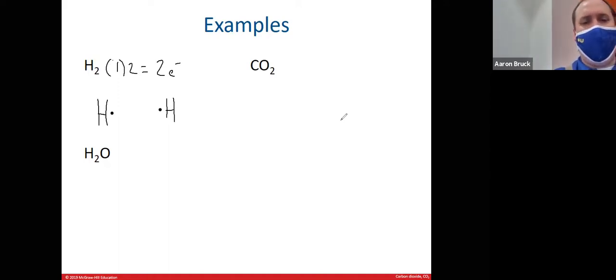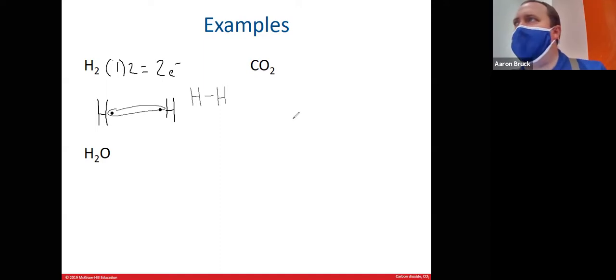All that we would have to do is link together those two unpaired electrons. The resulting molecule would look like that: H single bonded to H. There are no other peripheral dots.